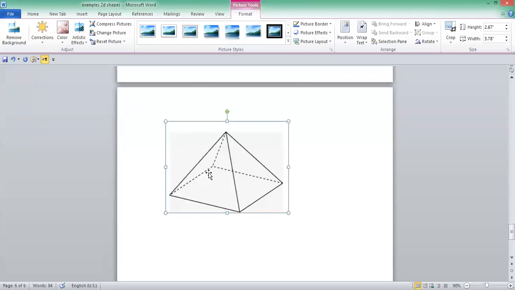This is the first face, the front. Its opposite, 2, 3, 4, and this is the base. This is the bottom. Okay. So there are 5 faces: the front, the opposite back, left, right, and bottom. There are 5 flat faces in a rectangular pyramid.